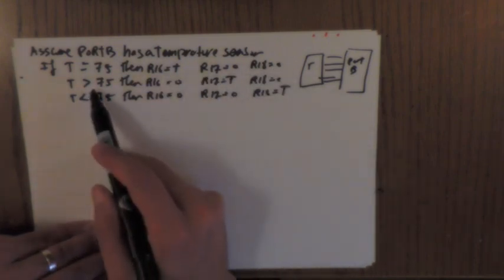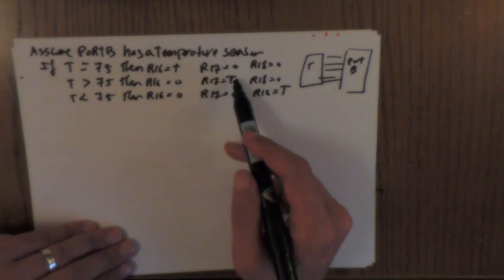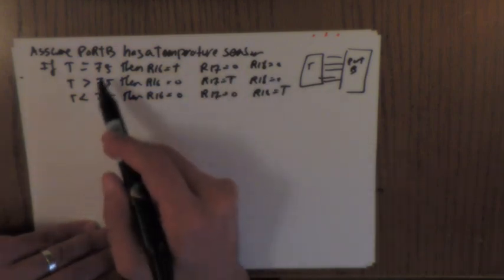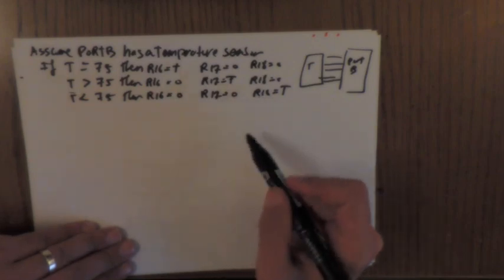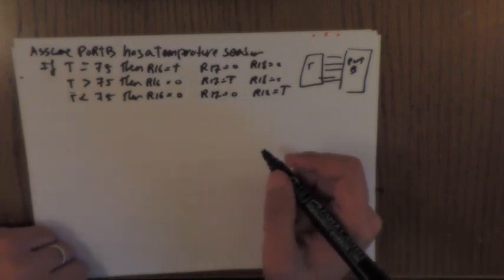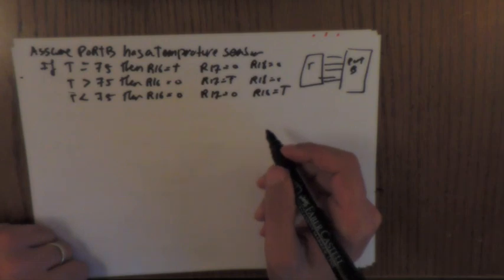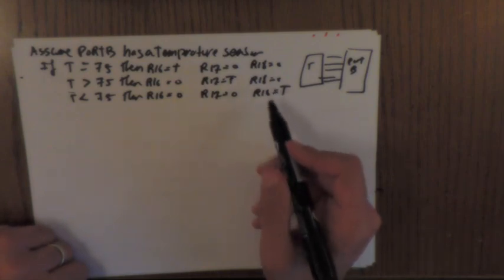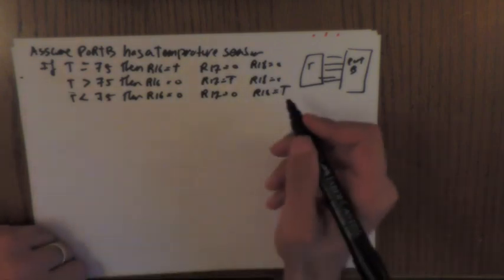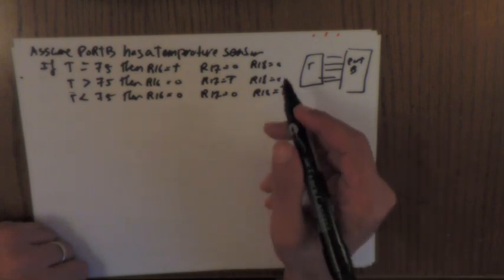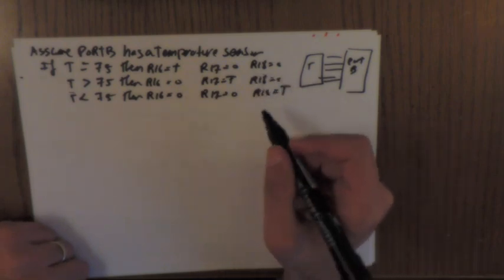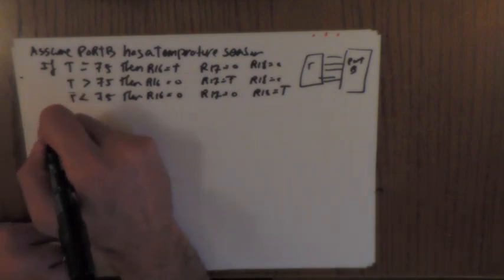If it's greater than 75, R17 will have the temperature and the rest is 0. If it's less, R18 has the temperature and all the other registers are 0. So first, I'm going to start by clearing the registers. I can do LDI 0x00 and then place them inside R16, or I can use a different instruction called clear.